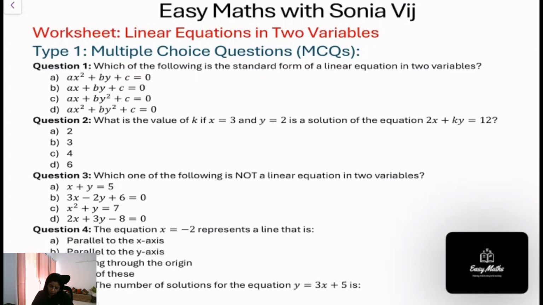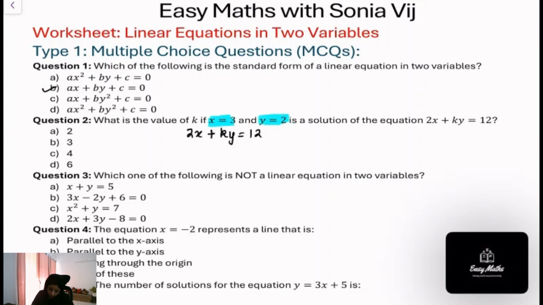What is the standard form of the linear equation in two variables? That's very clear: ax plus by plus c is equal to 0. What is the value of k if x is equal to 3 and y is equal to 2? So let's write 2x plus ky is equal to 12 as the equation, and they have given these values.